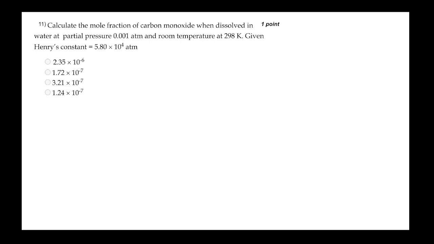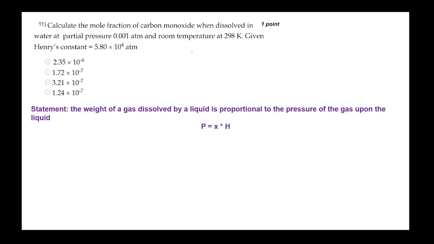Moving forward, calculate the mole fraction of carbon dioxide when dissolved in water at partial pressure 0.001 atmosphere and at room temperature, given Henry's constant as this. For this you need to use Henry's law, which was discussed earlier: partial pressure equals mole fraction X into Henry's constant.